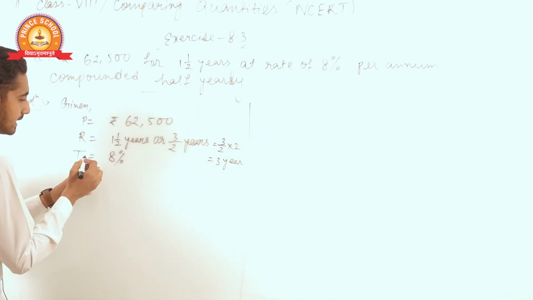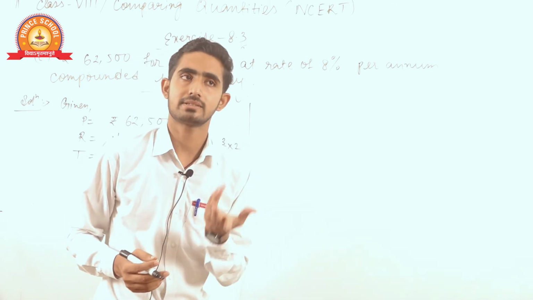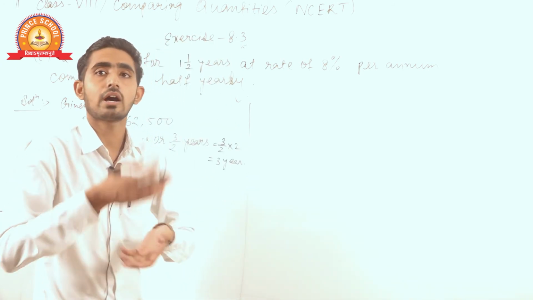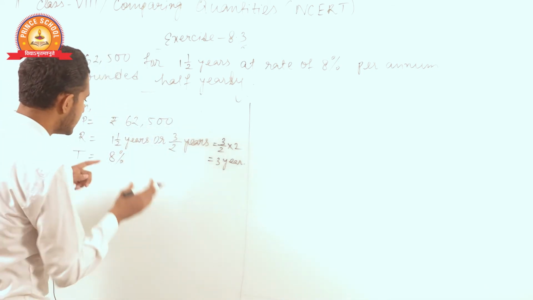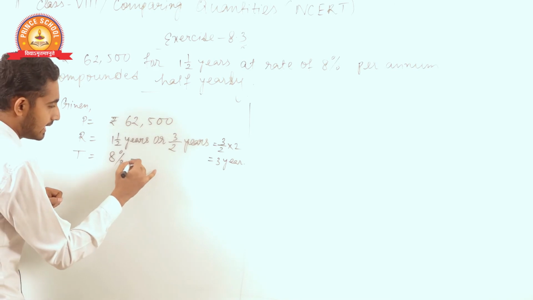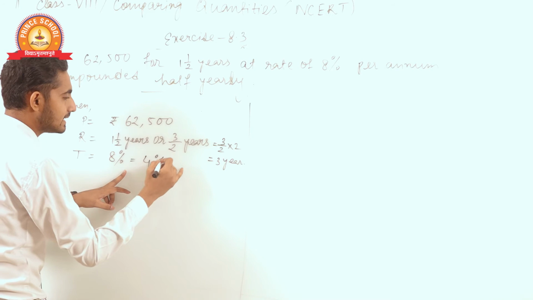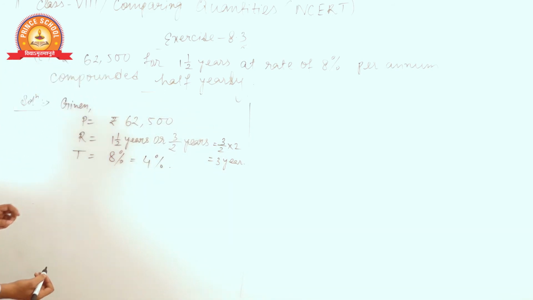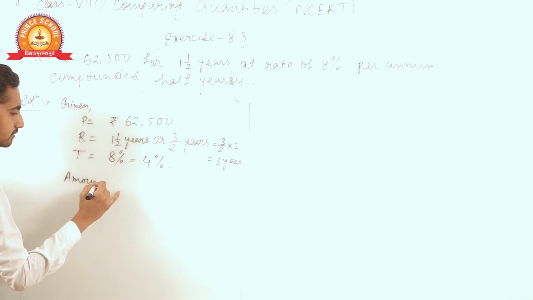Now, if I say in 1 year the bank gives 10% interest, then for a half year it means 10 upon 2, 5%. If your question says 8% interest is given, then according to half yearly, 8 upon 2, that means 4% interest is given. Now we have to find out the amount.